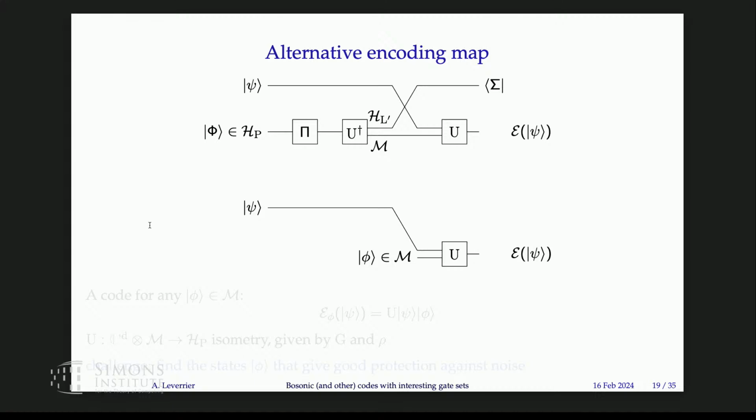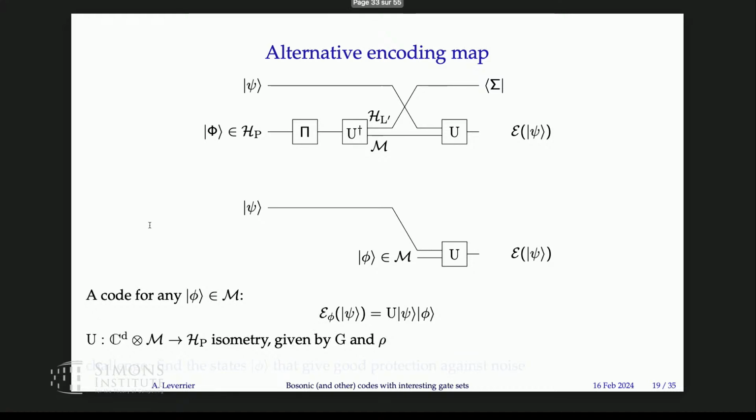The encoded state is just, you apply this U on your logical state and anything that you want in the multiplicity space. And for any state that you put in your multiplicity space, you get a code that satisfies the covariance condition that I want.